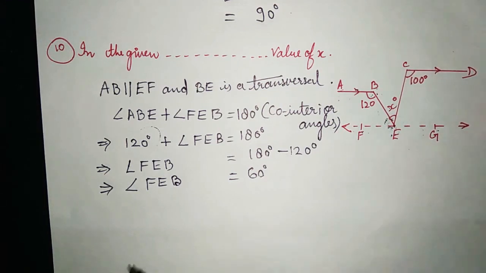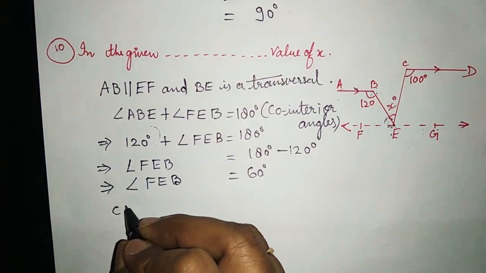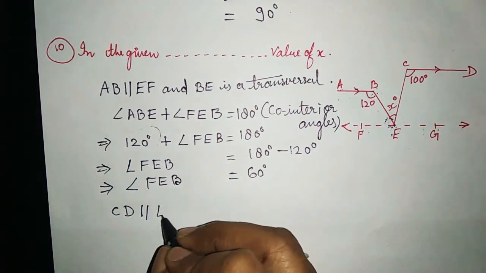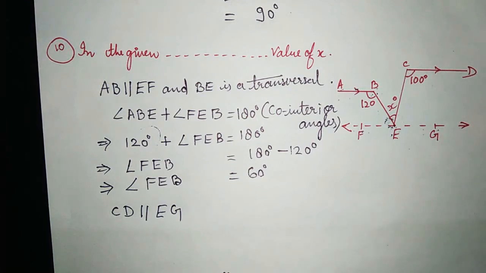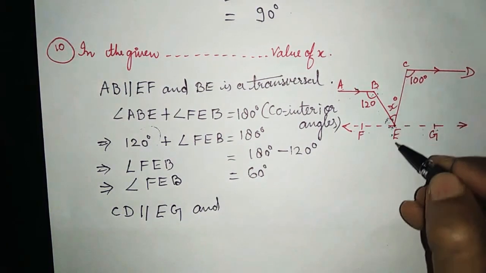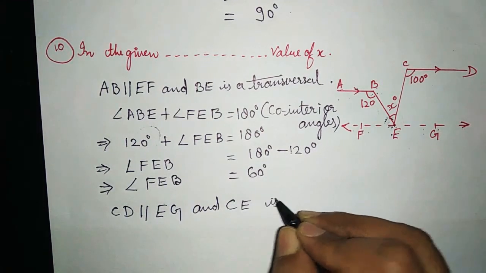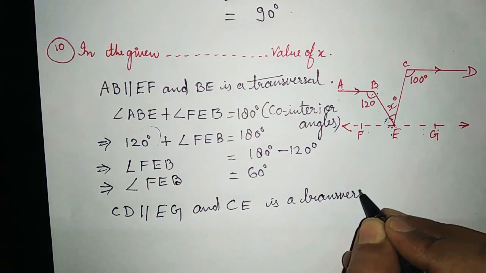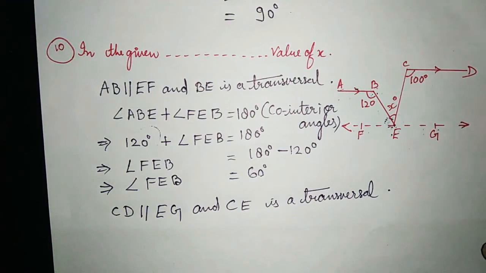So here we will write CD is parallel to EG, and CE is a transversal.